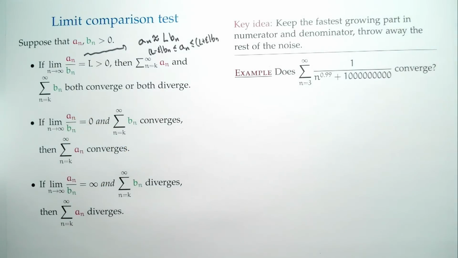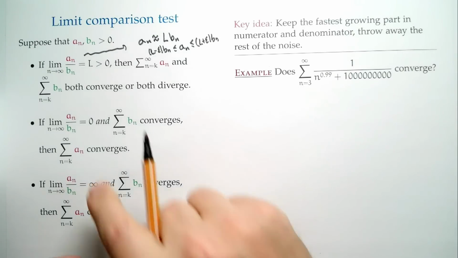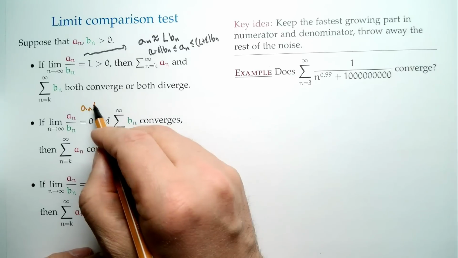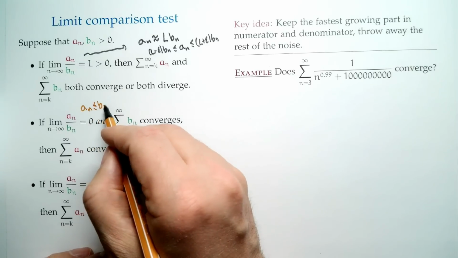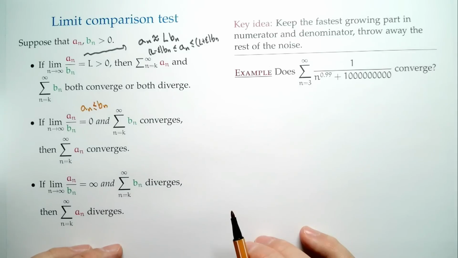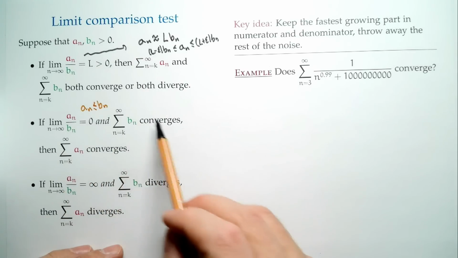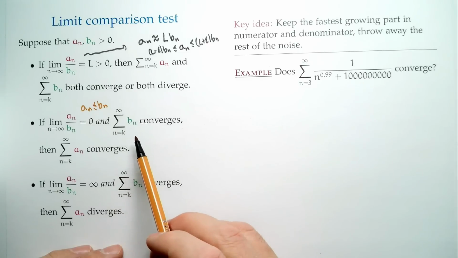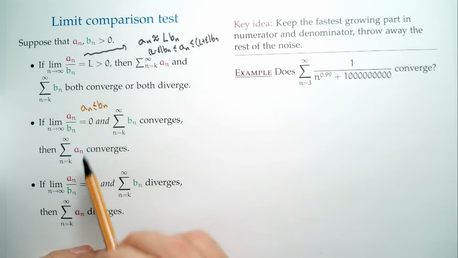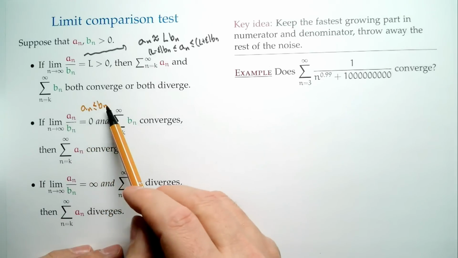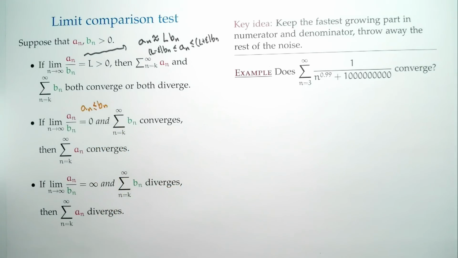Which one has to be bigger for this to be true? Well, a sub n is really a lot smaller than b sub n. That's the only way that can happen. So if the sum of b sub n converges, then the sum of a sub n also has to converge, right? Because this is a larger thing. If the larger thing converges, the smaller thing converges.